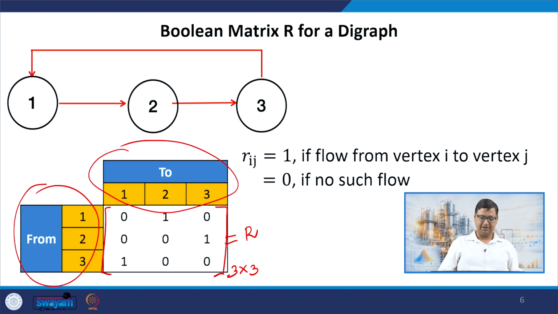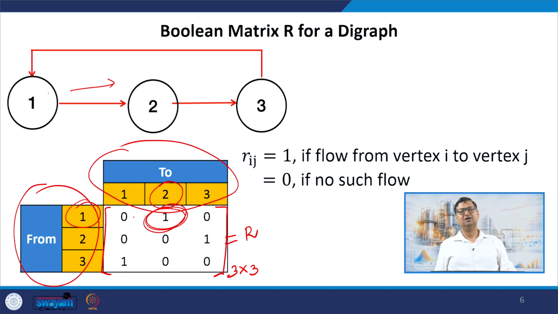For example, there is an edge going from 1 to 2 in the graph. So, I take the first row, that is from 1, it is going to 2, and the corresponding element in the matrix is this, and I put a 1 there. 1 means that there is a flow from vertex 1 to vertex 2. Which element is this?